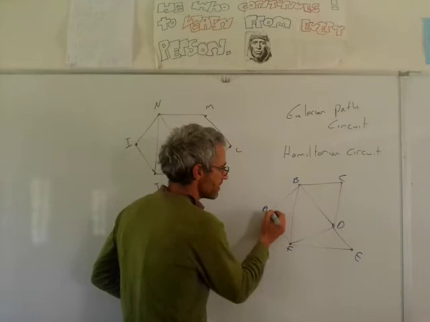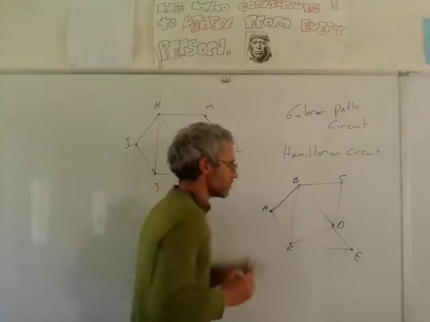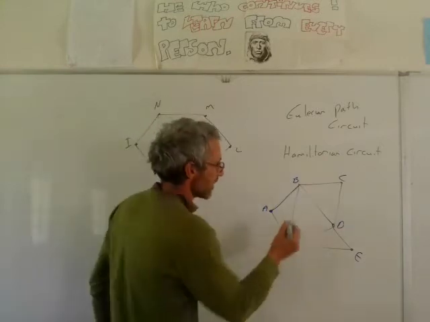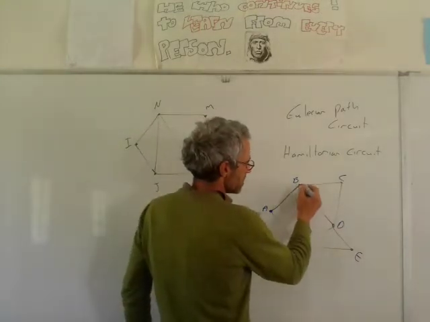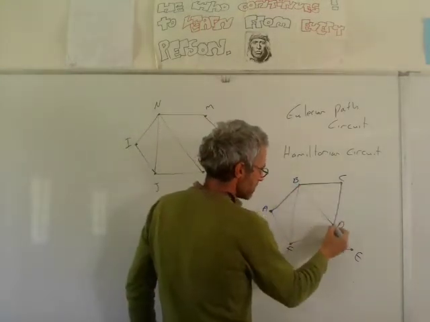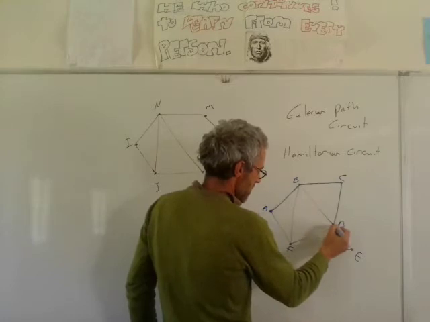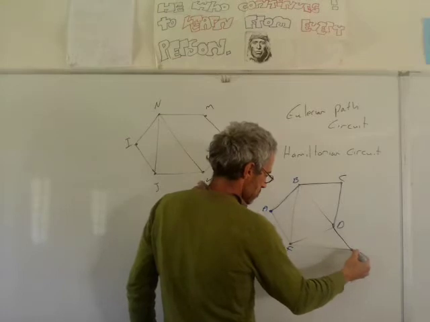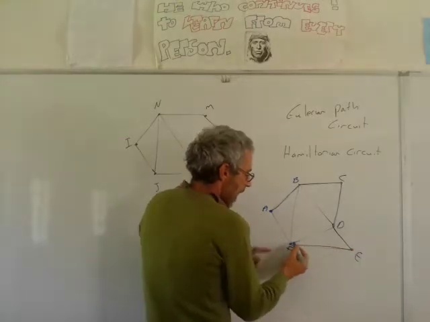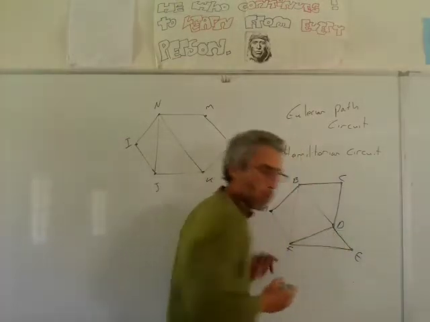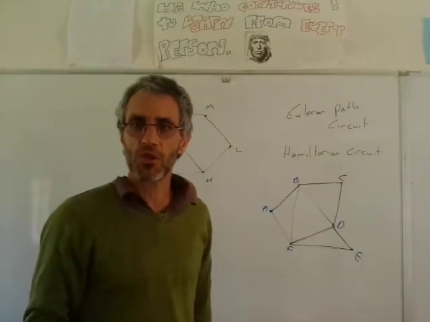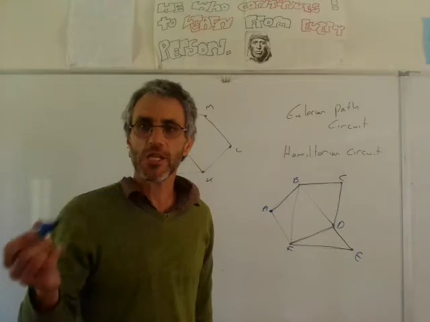So let's have a look at this one. We'll start from A, we'll go to B. I'm going to turn it blue so you can see, if it's blue now, that means we used it. Then I'm going to go to C, then D, then E, then F. Now I can go back to D. There's no problem revisiting a vertex because Eulerian circuits are not about visiting each vertex once.